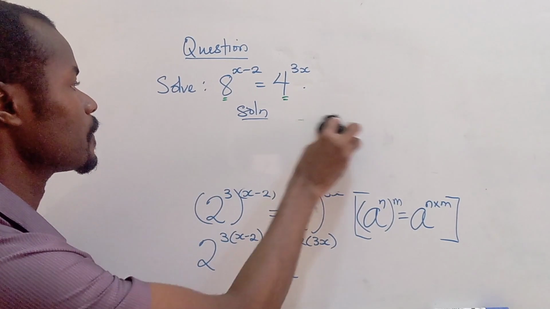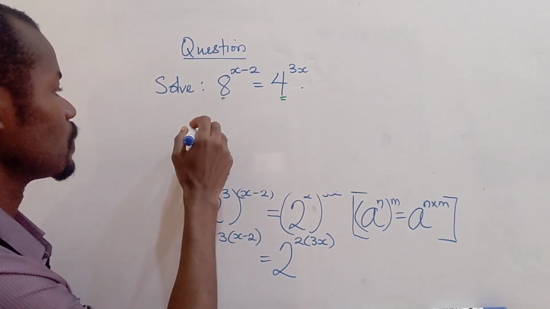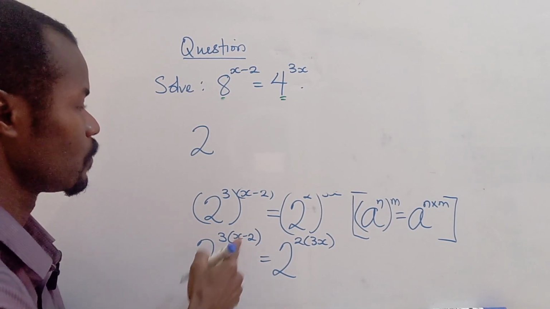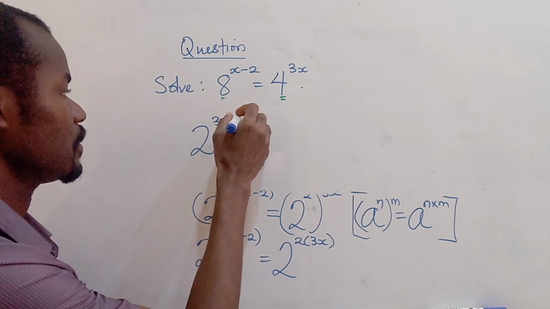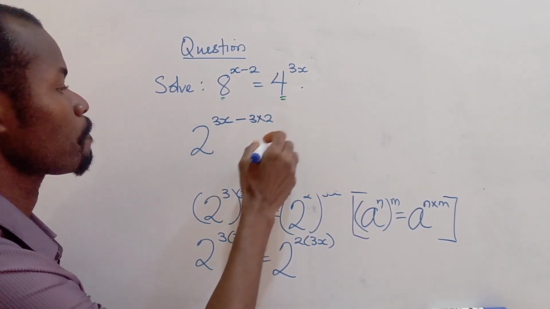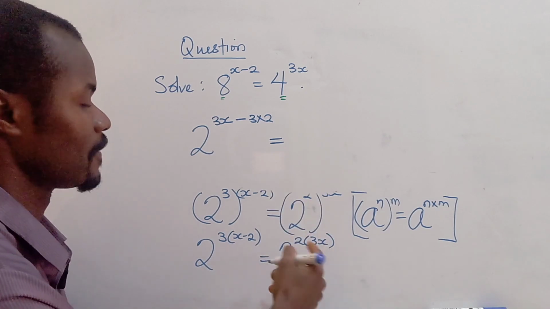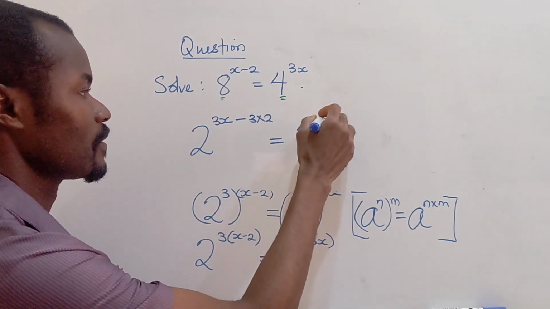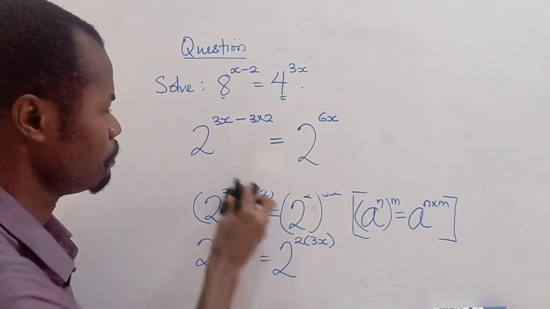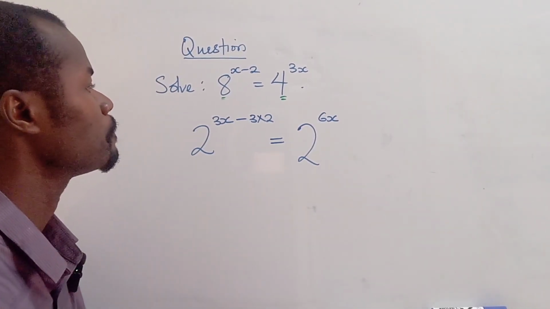Simplifying further, we are going to have 2 raised to power 3 times x, which is 3x, minus 3 times 2. This will be equal to 2 times 3x, which gives us 6x. So from that, we can now compare.